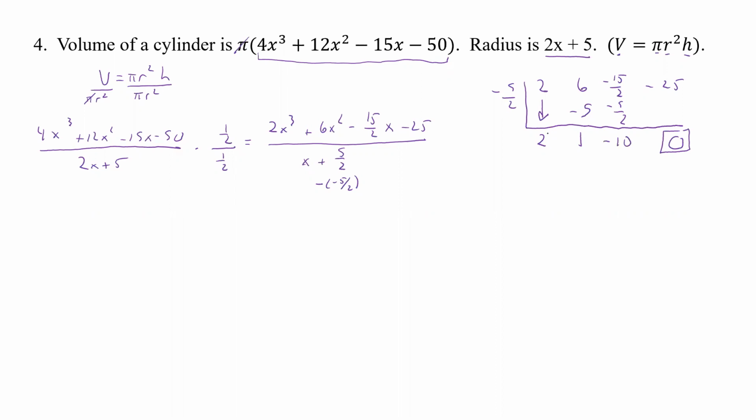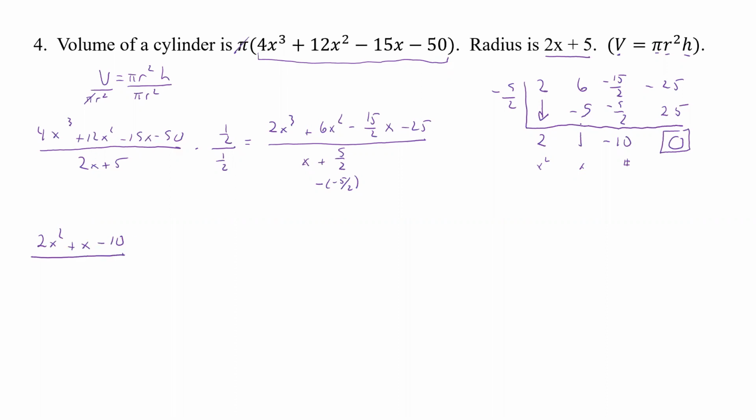And so now 2 goes into 10, 5. 5 times 5 is 25. It's going to be a positive. And so when we add those, we get 0. So that's what we were expecting. That's what we got. And this is an x squared, x, and then the number. So what we have over here now is 2x squared plus x minus 10.